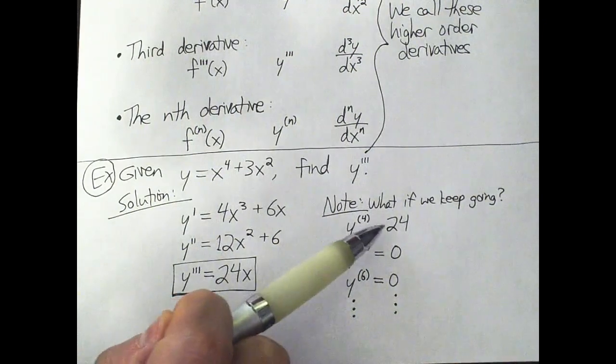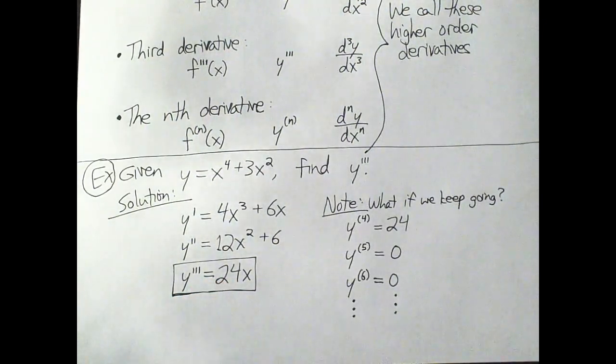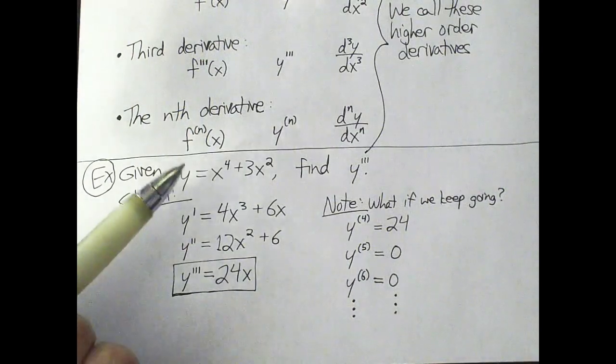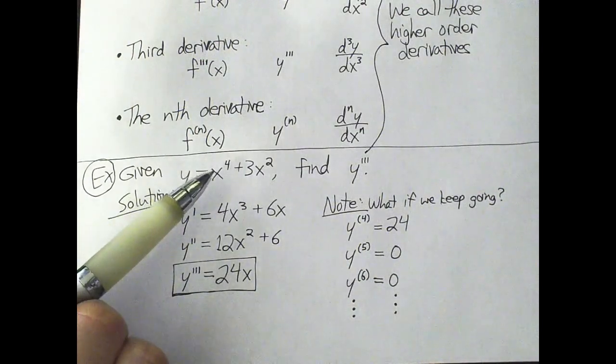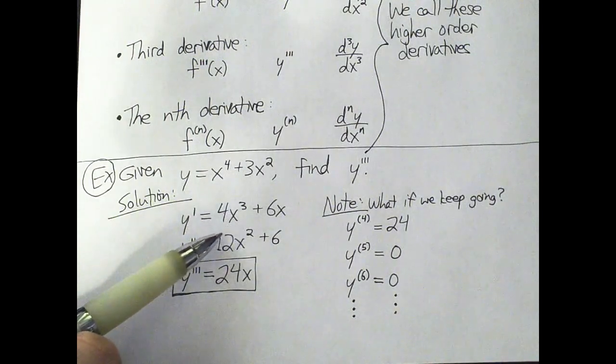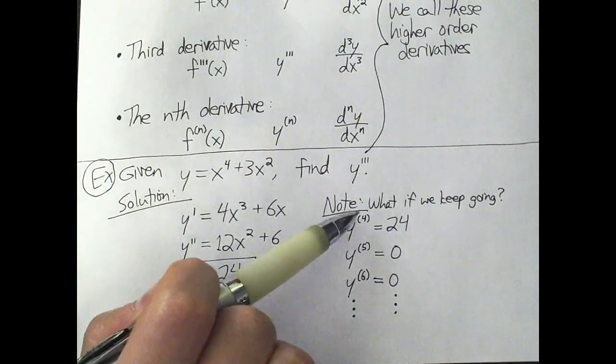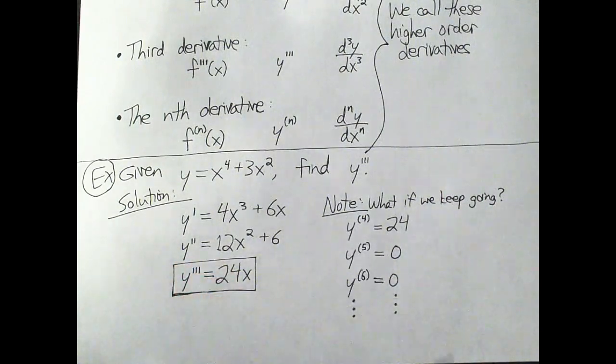Took the derivative of that, and it was a constant function. And then from that point onward, it was all zeros. So it seems like for polynomials, at least, every time you take the derivative, it gets simpler, until eventually it's just zeros.